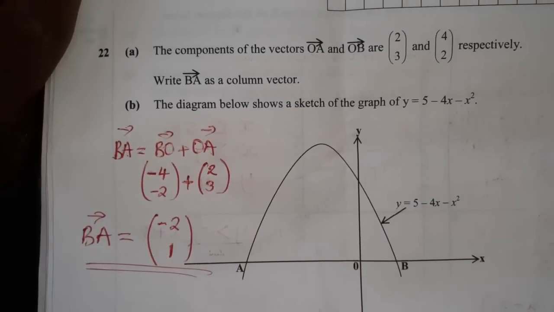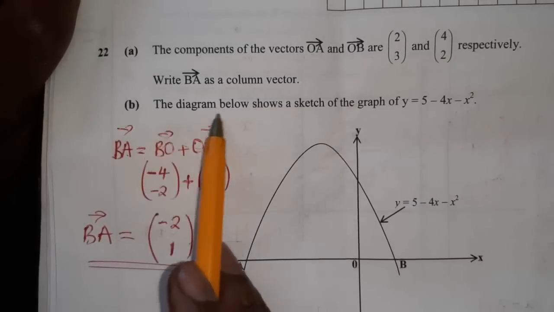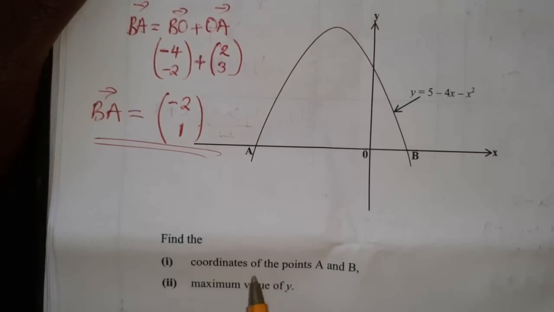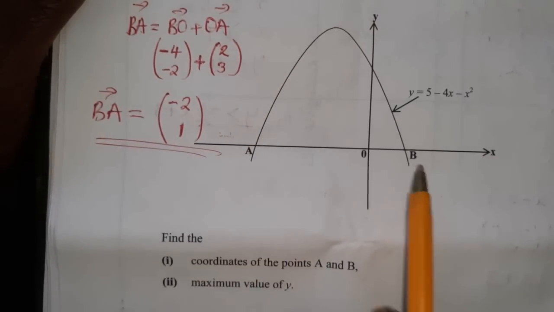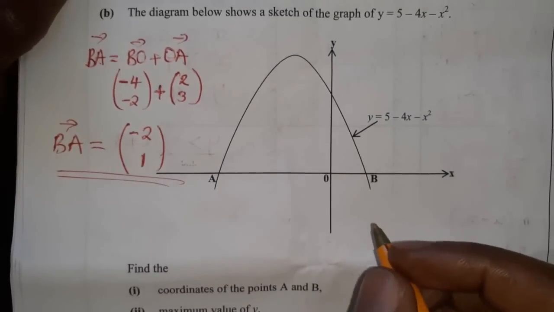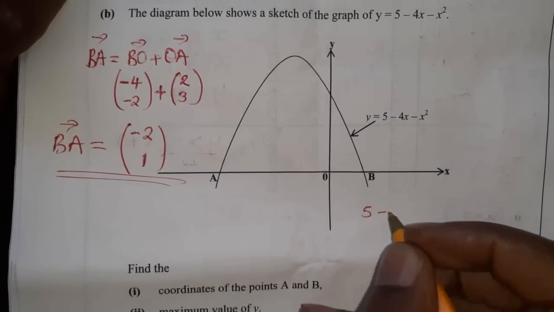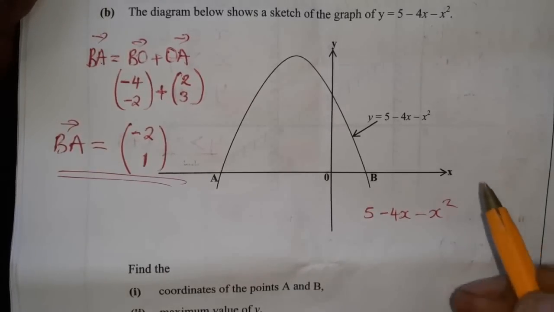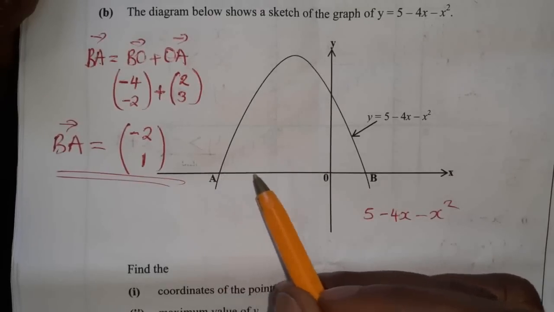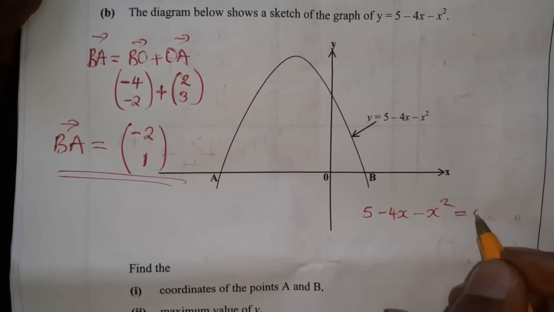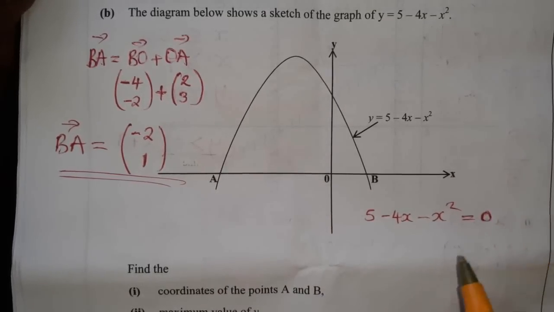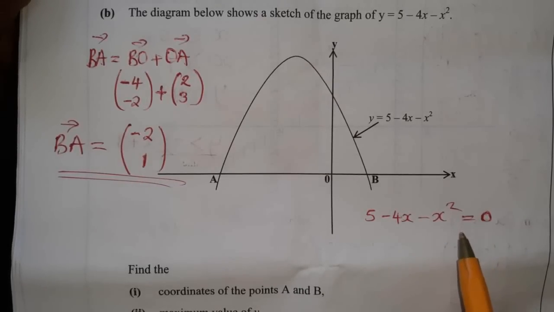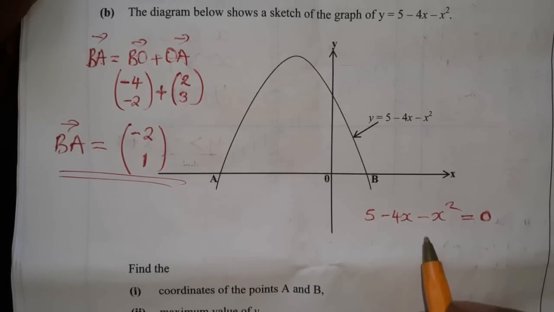All right. So we come to B now. The diagram below shows the sketch of the curve. Find the coordinates of A and the coordinates of B. Okay, so we have 5 minus 4x squared. So now the y coordinate along the x-axis is equal to 0. Then we solve this as a quadratic equation.